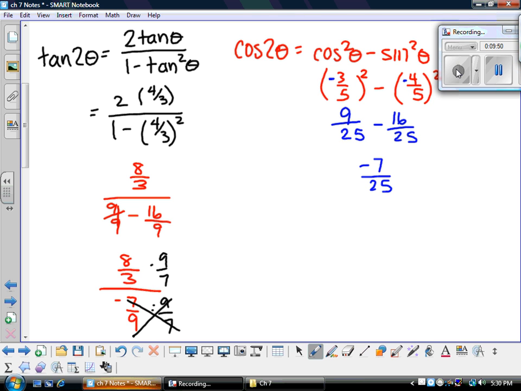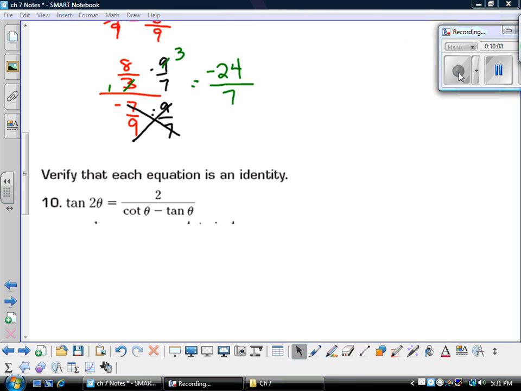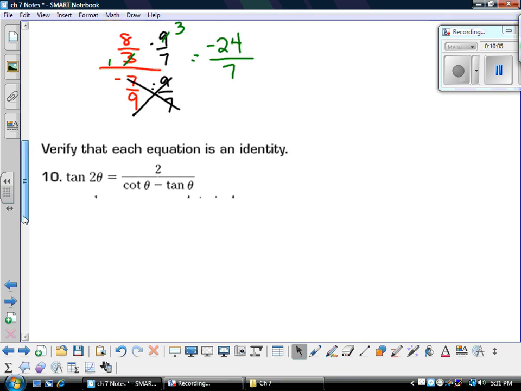I'm going to reduce before I multiply. I'm going to make this into a 3, that into a 1. When I multiply straight across, I get negative 24 over 7. 10, 11, and 12 are all verifying ones.